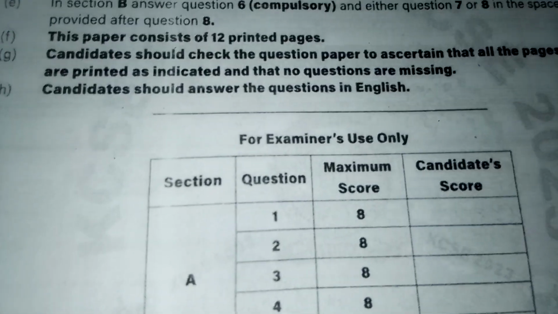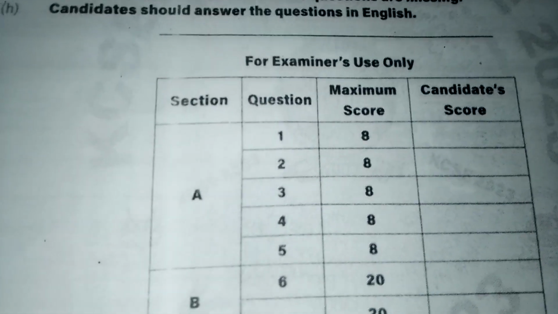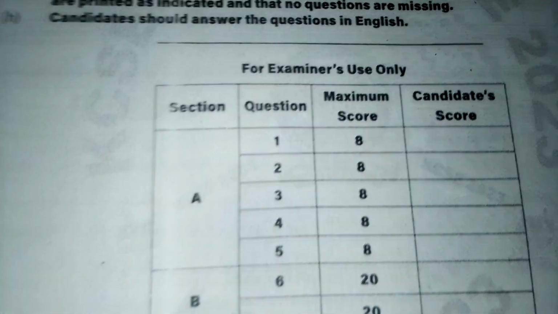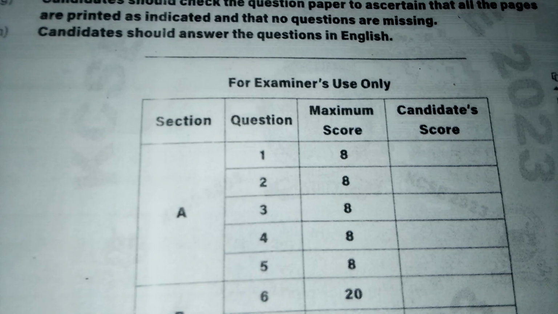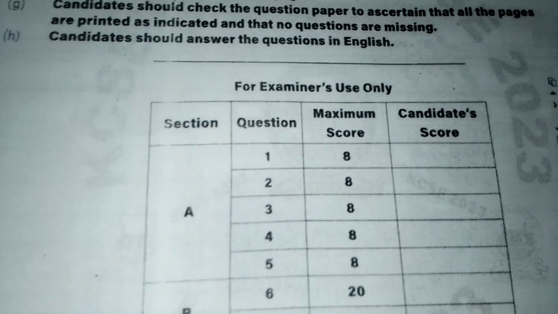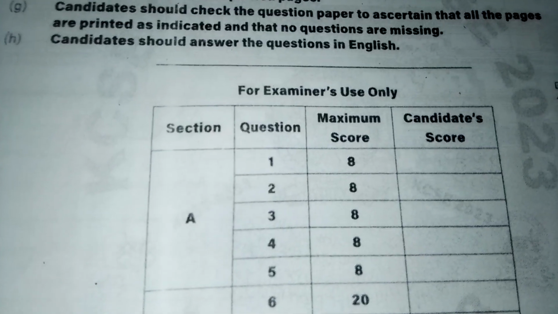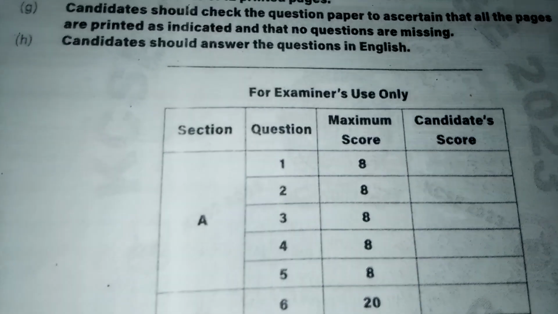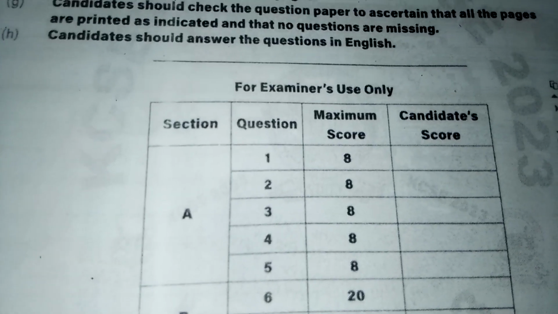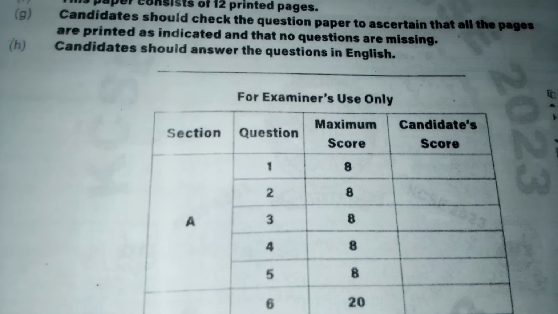So this is for the examiner's use. This is how the marks are distributed. In section A, question 1, the maximum score is 8 marks. Question 2, 8 marks. Question 3, 8 marks.